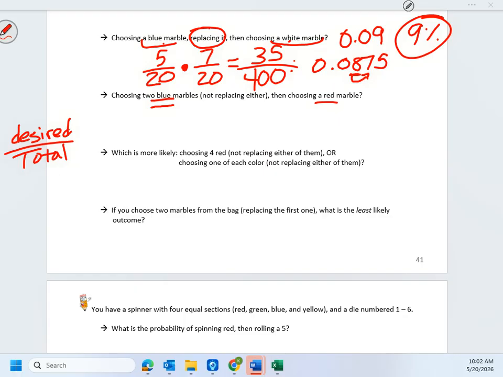Again, thinking about how that changes your numbers. And then choosing a red. So do all 3 events, multiply it, divide it, turn your decimal into a percentage. When you've done all that, raise your hand for final answers.